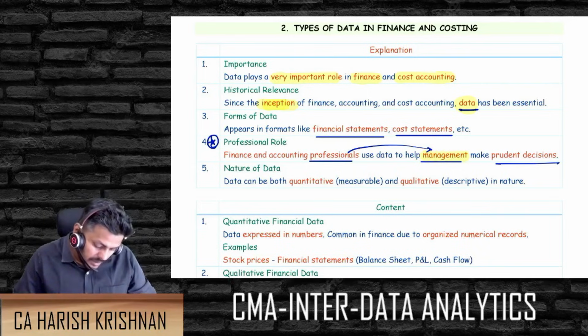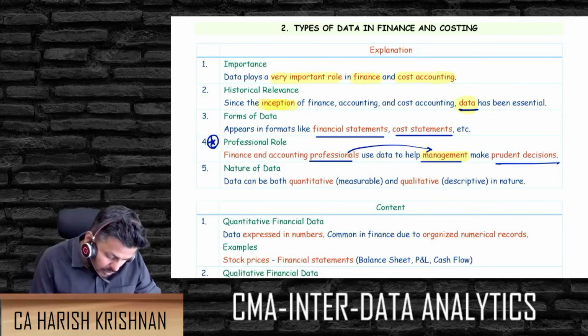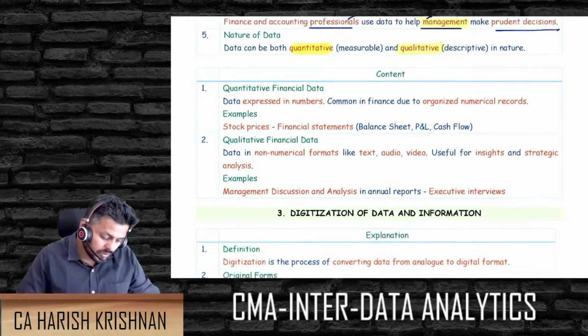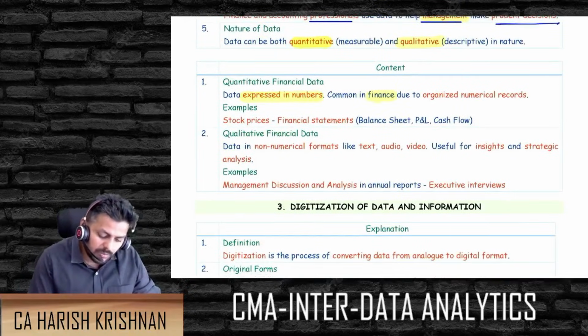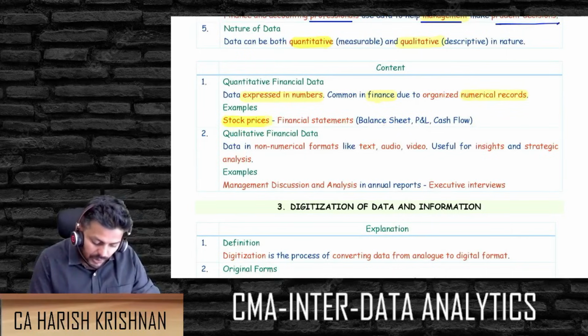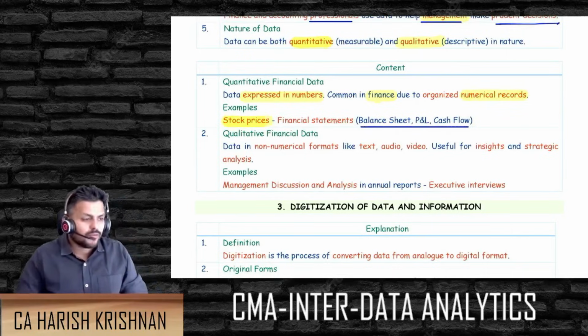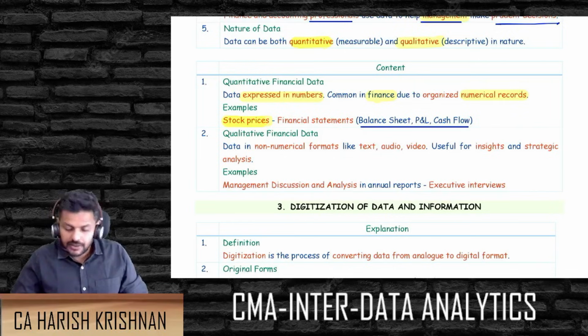Then we are talking about how data can be both quantitative and qualitative. The third time we're seeing this. So quantitative data is expressed in numbers, common in finance because of numerical records. Stock prices, we already saw the example, and balance sheet, P&L, cash flow, all these are documents full of numbers, so I don't think I have to explain what those are.